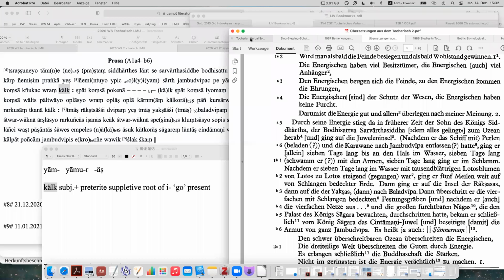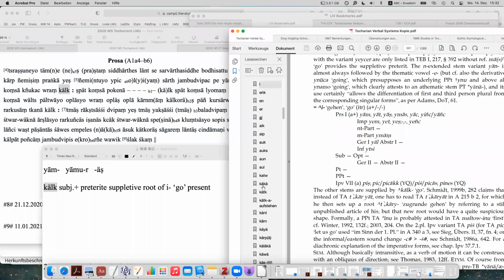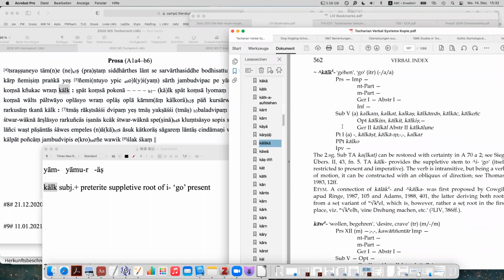Okay. And then here it is, so we can check the root kirk. Okay, the root is called kirk, go, and this root is used in the subjunctive and preterite. So the subjunctive is fifth class, the so-called asked subjunctive.